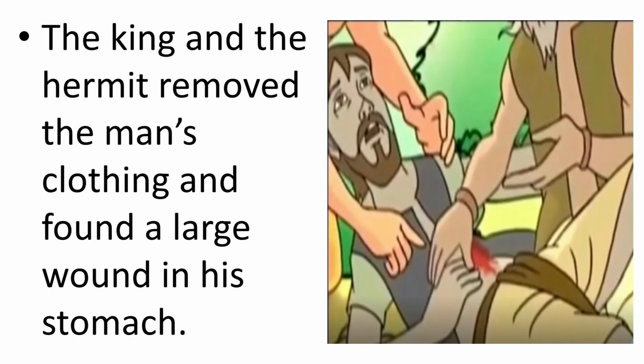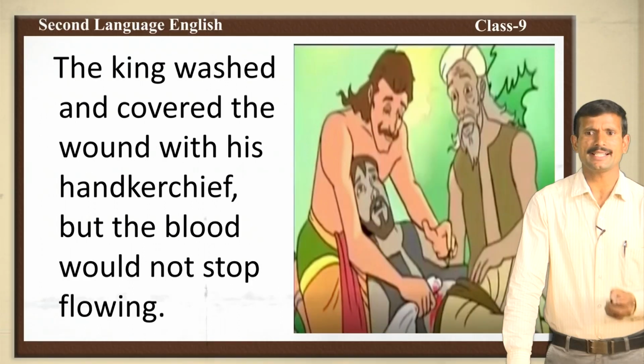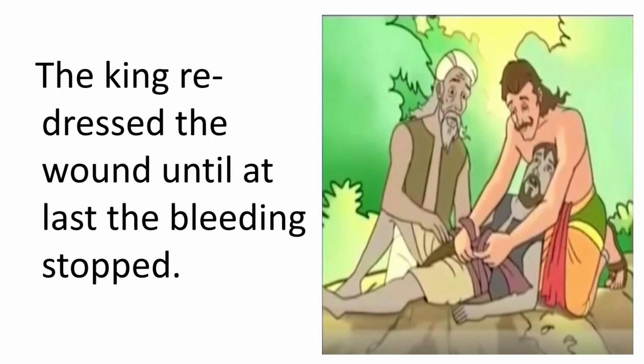Next, the king and the hermit removed the man's clothing and found a large wound in his stomach. After that, the king washed and covered the wound with his handkerchief, but the blood wouldn't stop flowing. The king tried again and redressed the wound until at last the bleeding stopped.